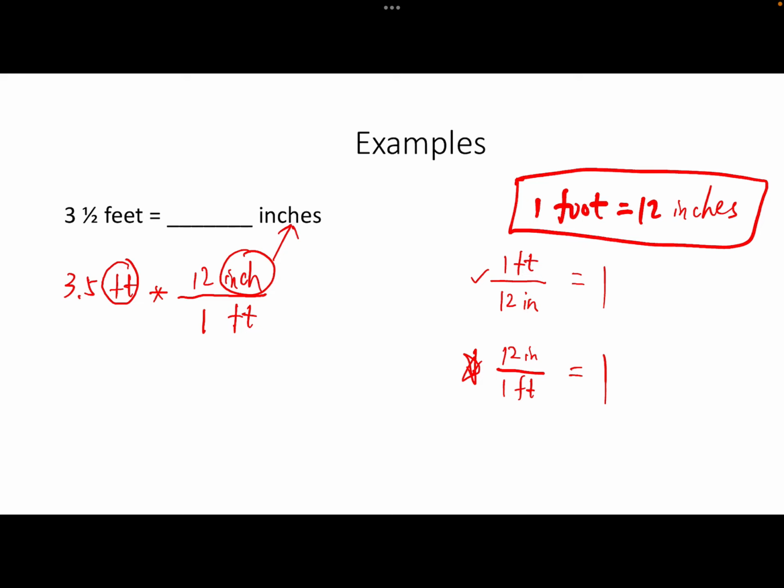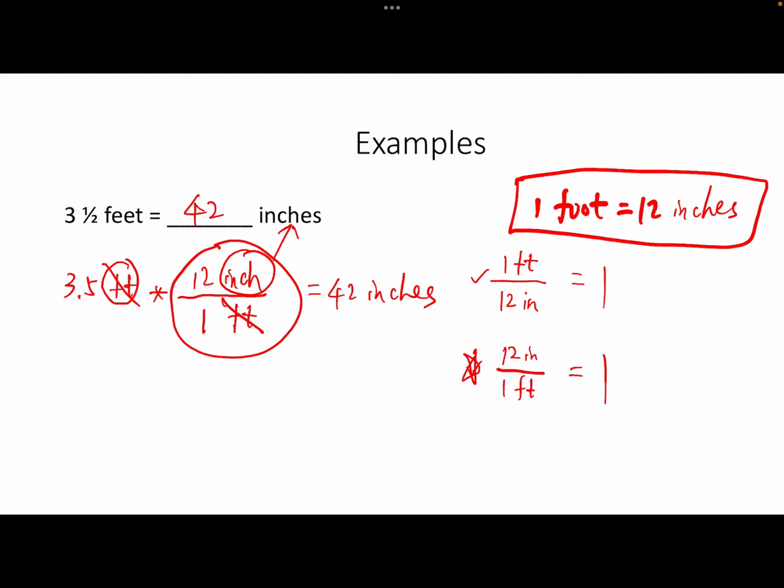Think about it, does that make sense to you? We multiply by 1, it doesn't change anything. However, the foot cancels out, and we convert from feet to inches. So 12 times 3.5 is 42 inches, and here we fill in 42. That's how we do the unit conversion. Let me repeat this process one more time.